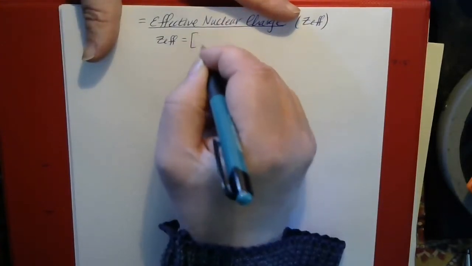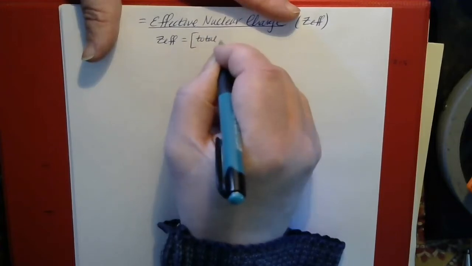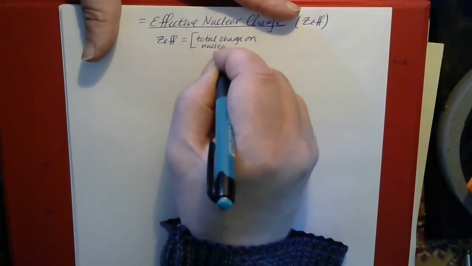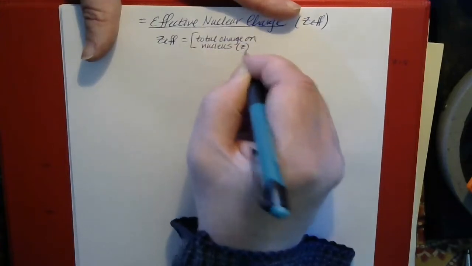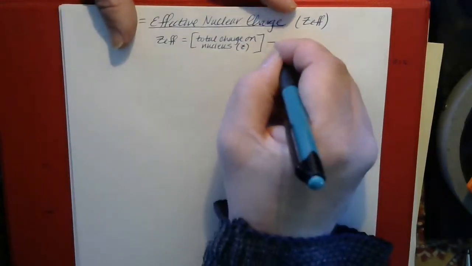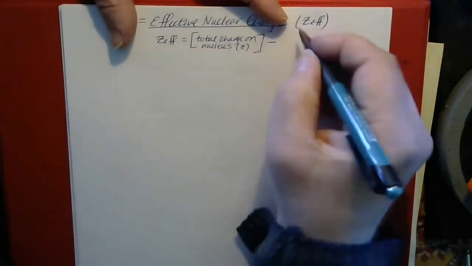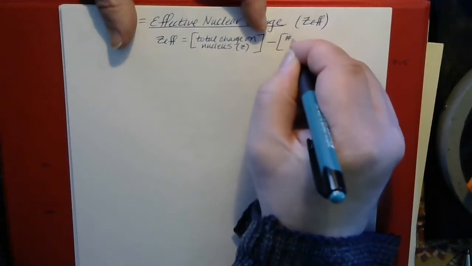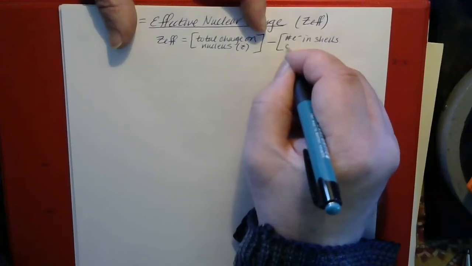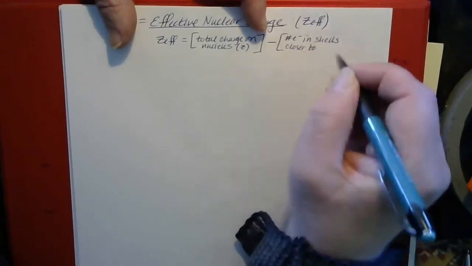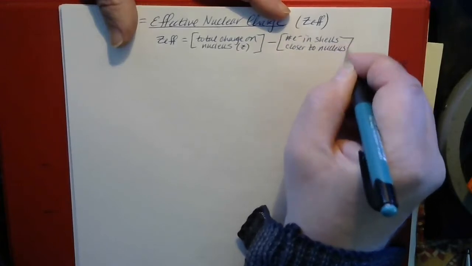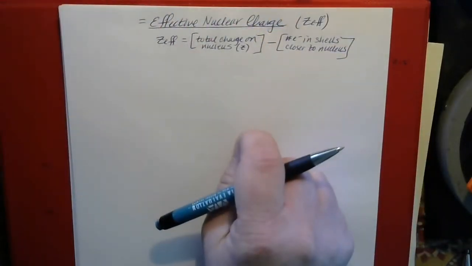And so it takes the form of the total charge on the nucleus, which is just the same as the atomic number, minus the number of electrons in shells that are closer to the nucleus than the electron that you're interested in.